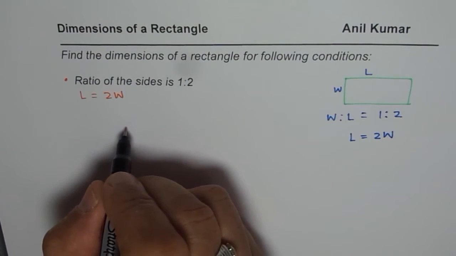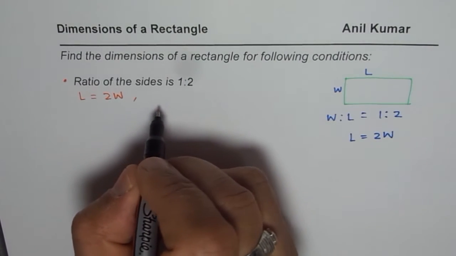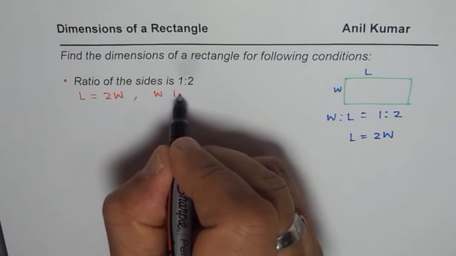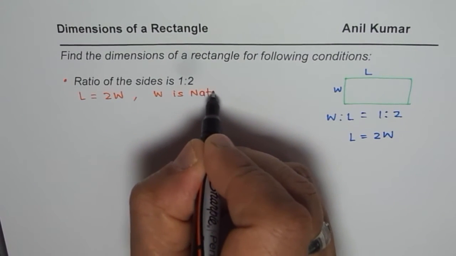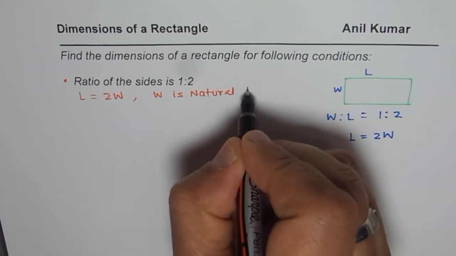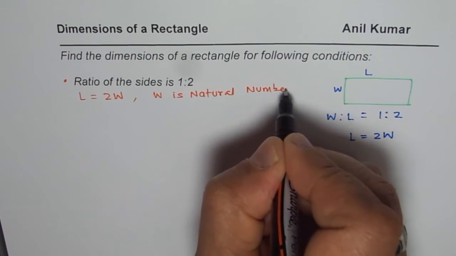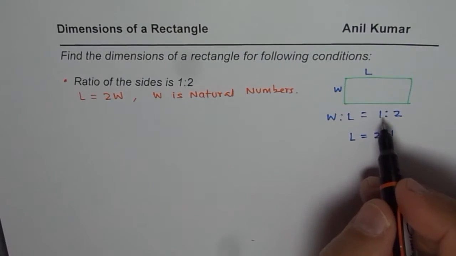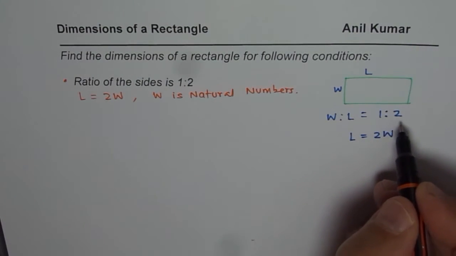If we restrict ourselves to the set of natural numbers, so width is a natural number, then the dimensions of the rectangle could be 1, 2, 2, 4, like this.